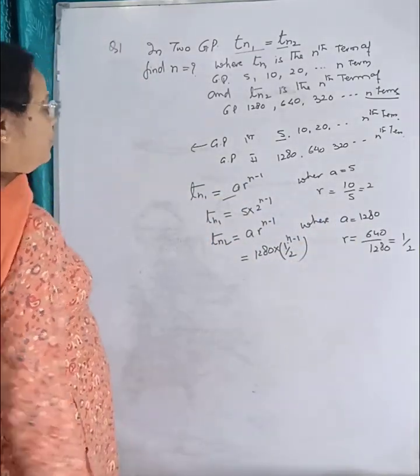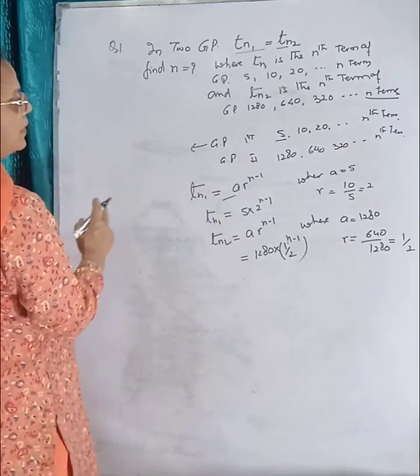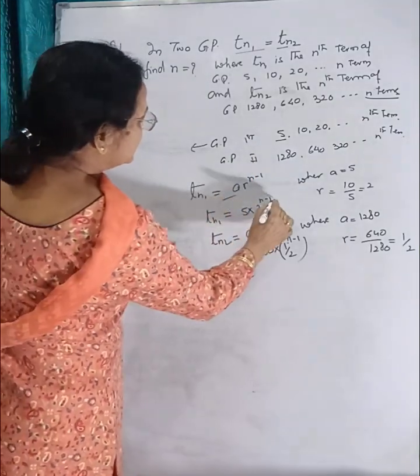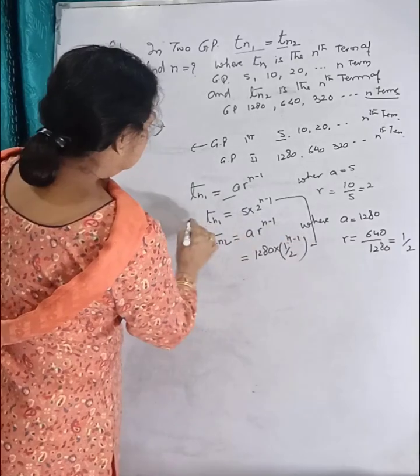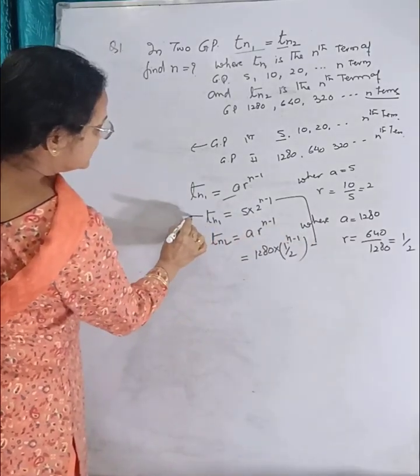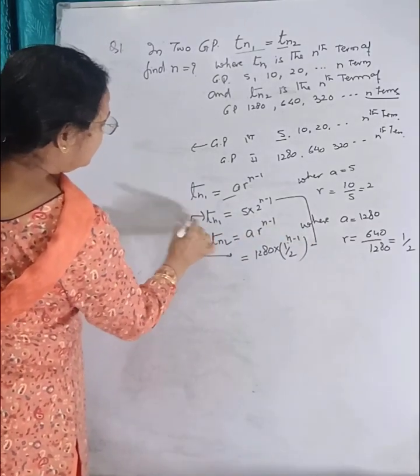They both are equal to each other. So Tn1 will be equal to Tn2.